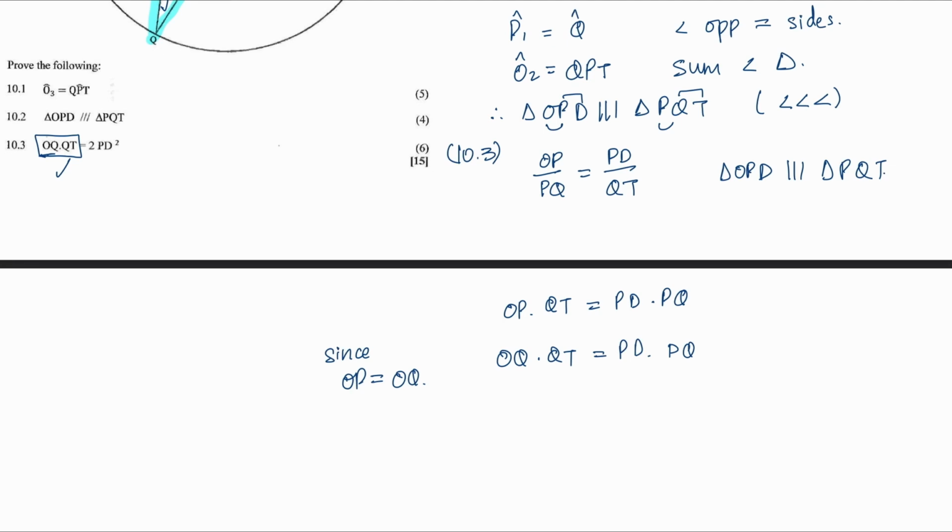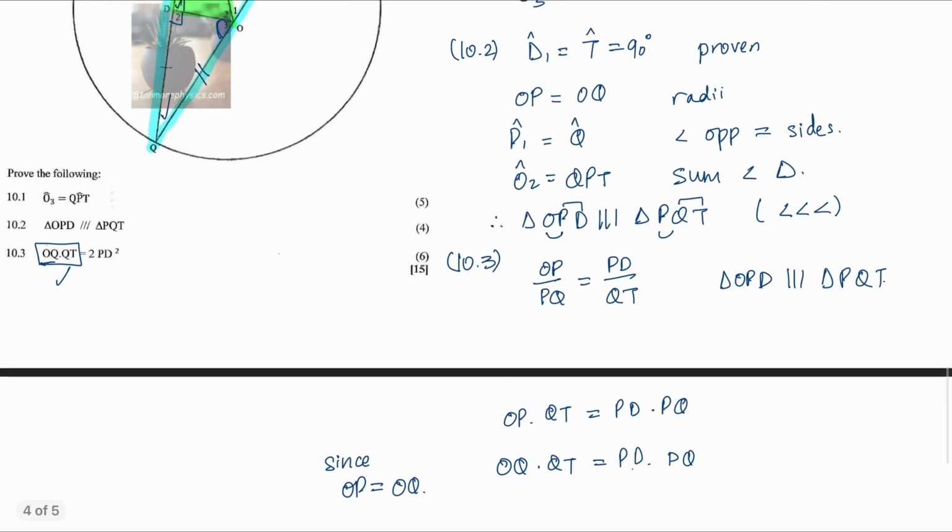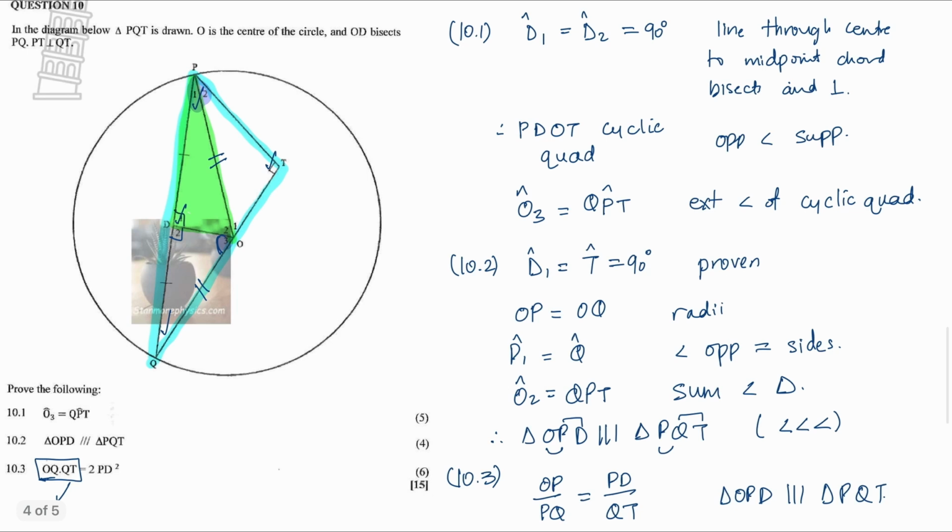Okay, now we need to take a look at the right hand side, so PD and PQ. Well, if I call PD x, then PQ is going to equal 2x, because they tell us that PD is equal to DQ.